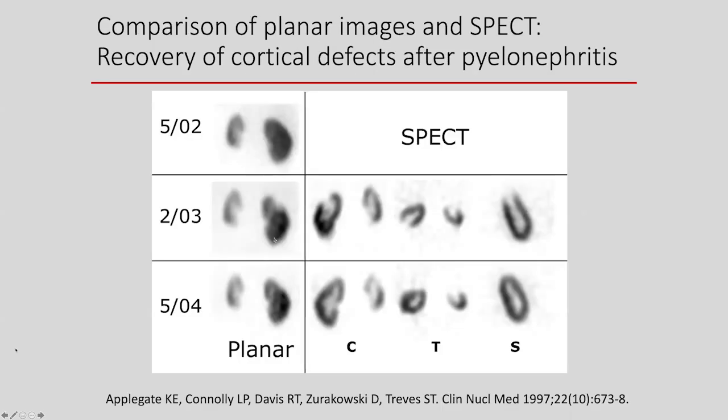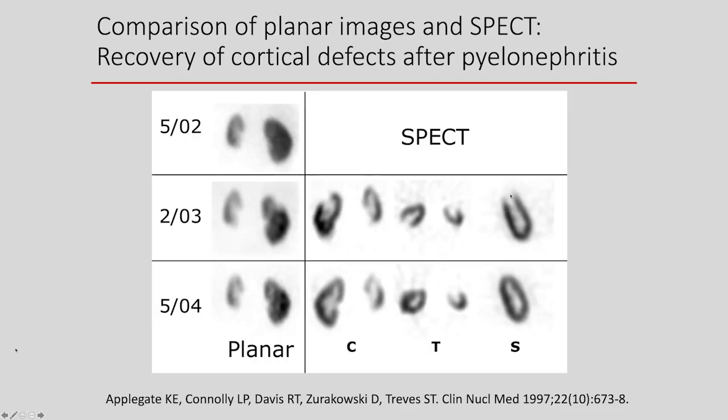Here you can see a comparison between planar images on the left side in a patient that was suspected of having a pyelonephritis of the right kidney. And this was seen later on the next year, clearly on planar imaging. This is a right kidney, and SPECT shows a very clear discontinuity of function that is much easier to accept than this, although this is very clear as well.